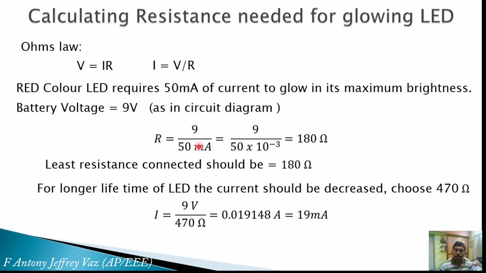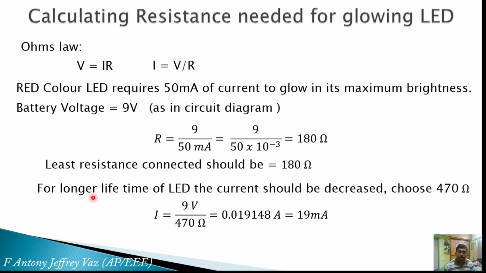So 9 divided by 50 into 10 power minus 3 amps comes to about 180 ohm. The resistance needed is 180 ohm. The least resistance that can be connected is 180 ohm. Any resistance value below 180 ohms will damage the LED, as it allows more current, greater than 50 milliamps.